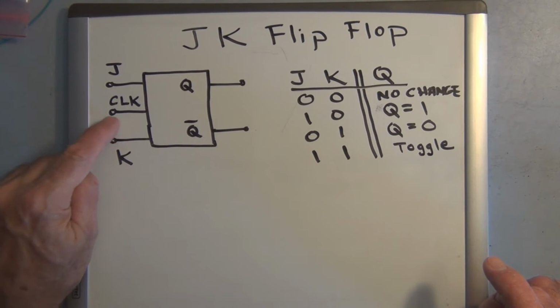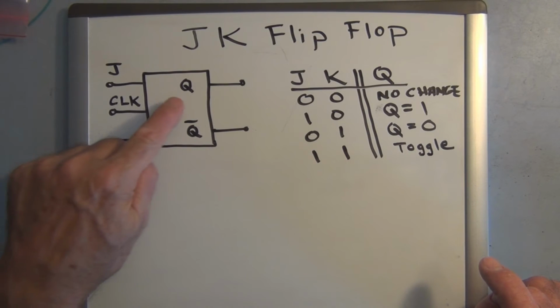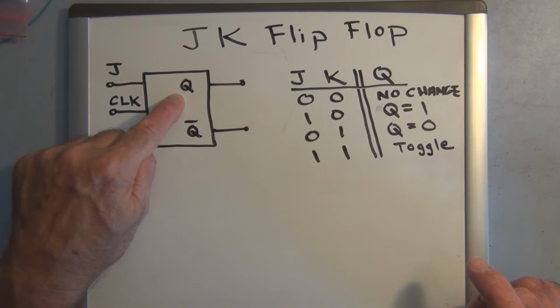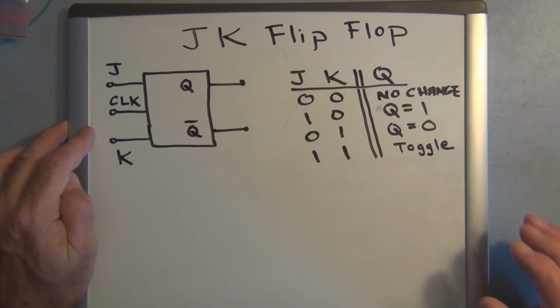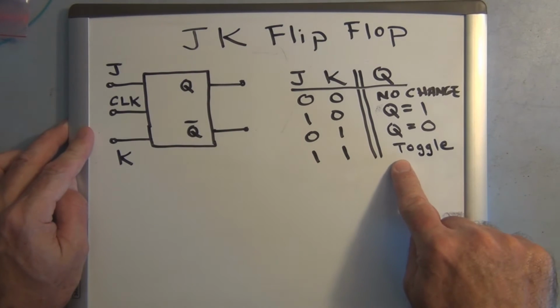So if prior to the triggering edge of the clock pulse, in this case the leading edge or positive going edge of the clock pulse, Q is equal to 0, it'll toggle to 1, and if Q is equal to 1, it will toggle to 0. So it can do everything that a Set-Clear type of flip-flop can do, with the added benefit of having this toggle mode of operation.